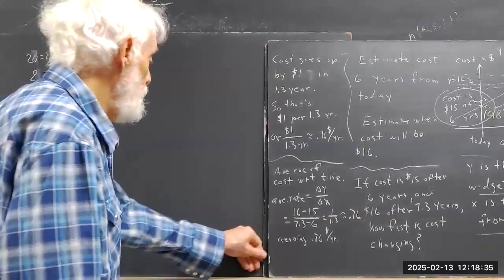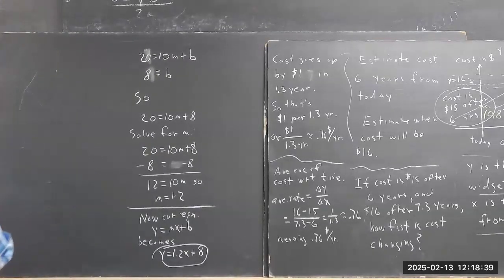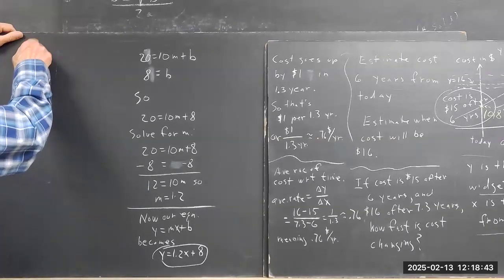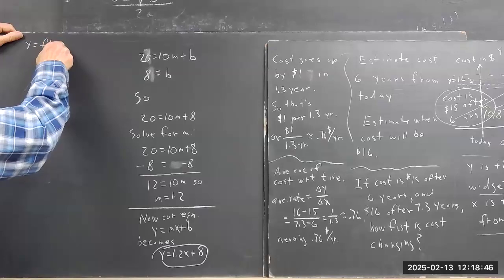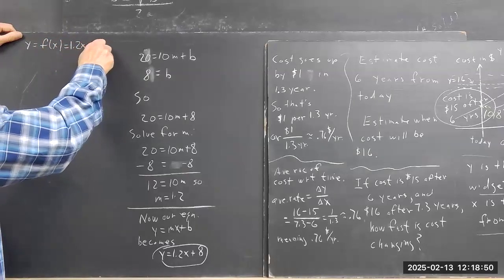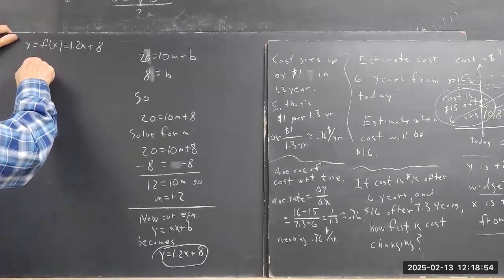So now we have a function, and we call it y equals, actually f of x equals 1.2x plus 8. This is a linear function.